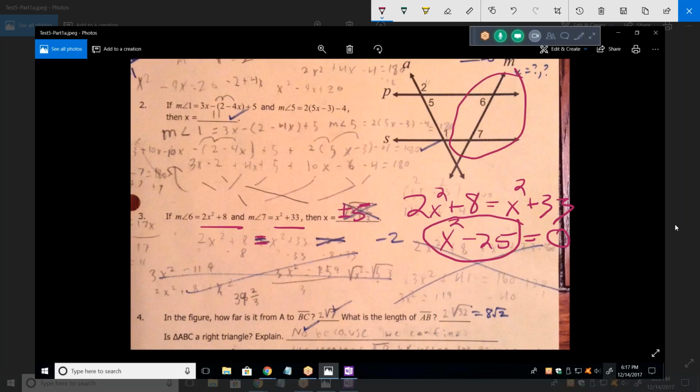You could factor that as a difference of perfect squares: x minus 5 times x plus 5. Now we get the two solutions we're looking for, and we can't even make a mistake.